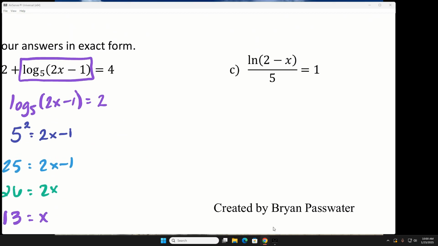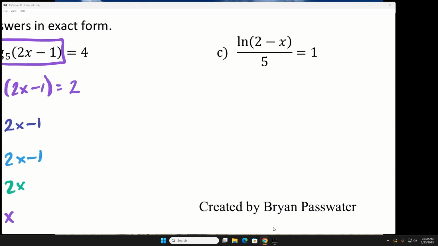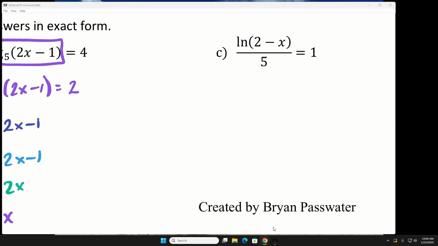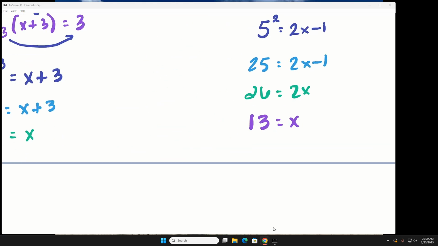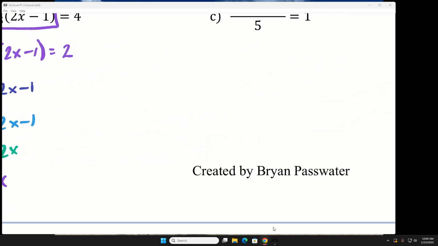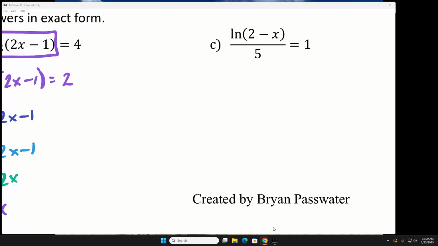Okay, one last example. You guys want to try to do this one on your own? Okay. Just a heads up, you cannot get an answer just like 3 or 24 on this one. You'll get an expression as your answer.